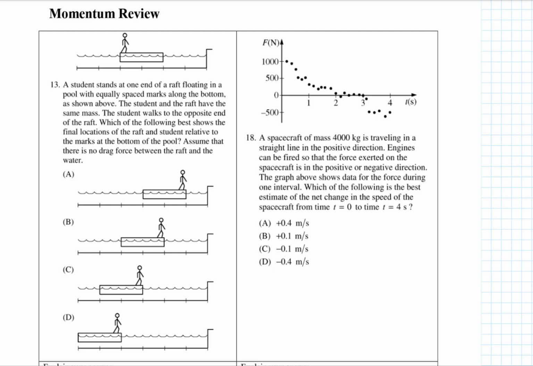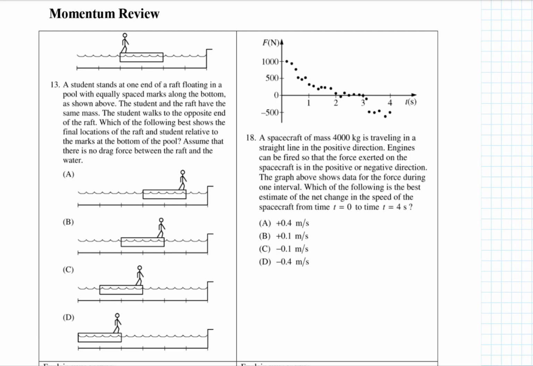So looking at the student on the boat, because there's no friction with the water, there are no external forces acting on this system. And one of our big ideas, one that you need to pick up on a lot going through this, is that if there's no net force on the system, then the velocity of the center of mass of the system remains the same.